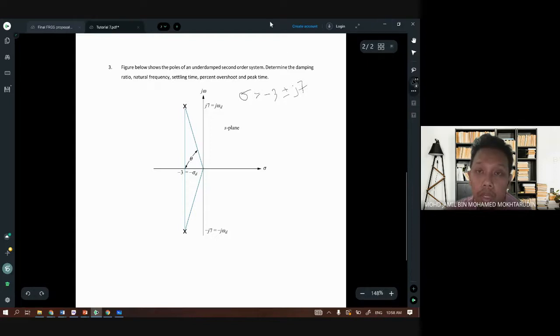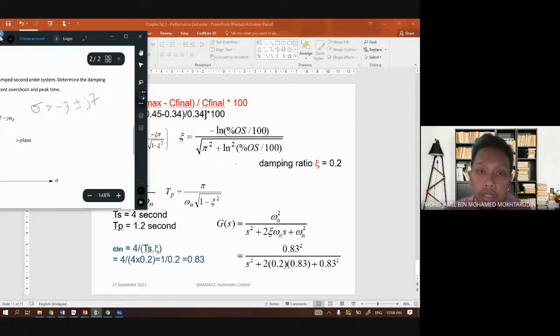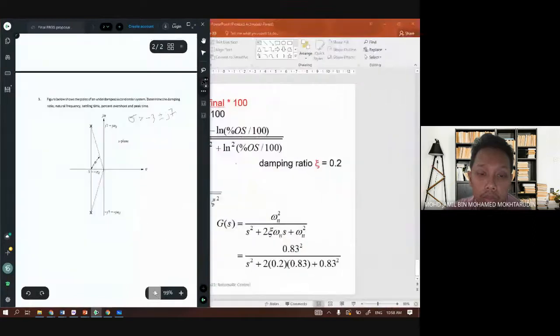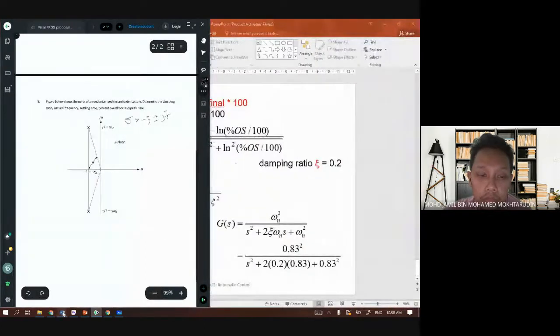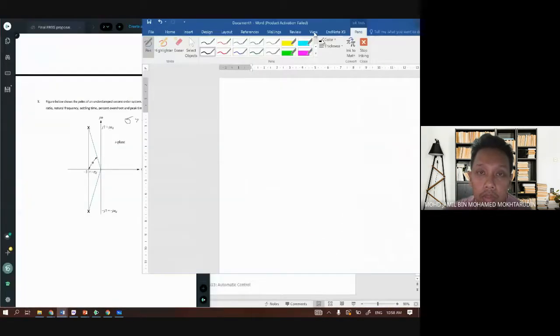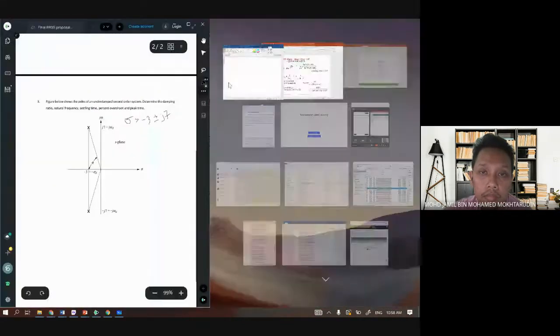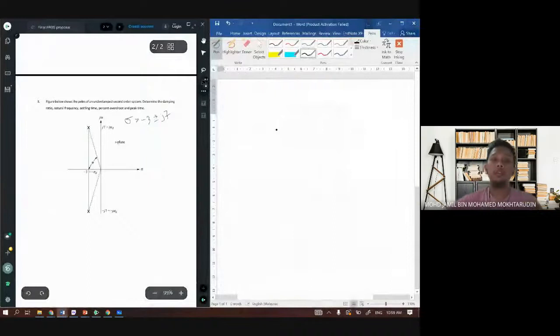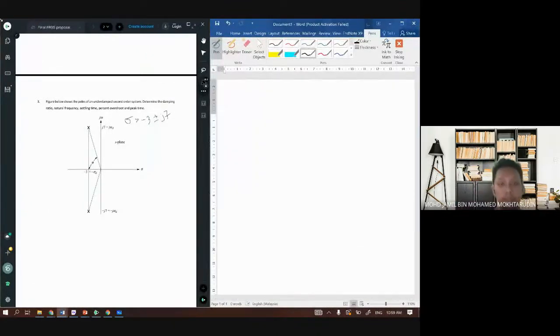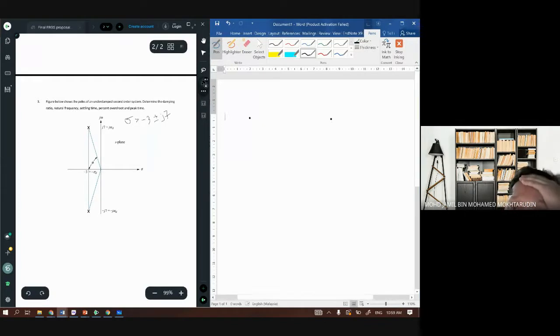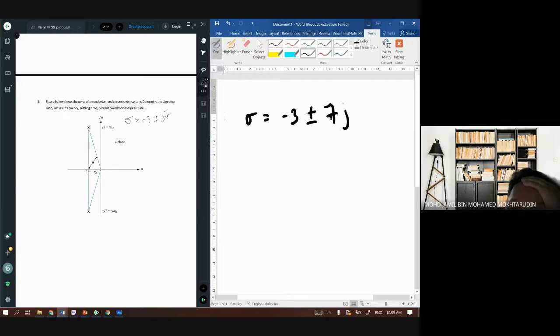Okay, so sigma equals -3 plus minus 7j. So these are the poles.